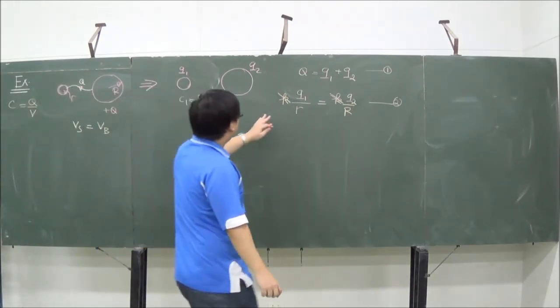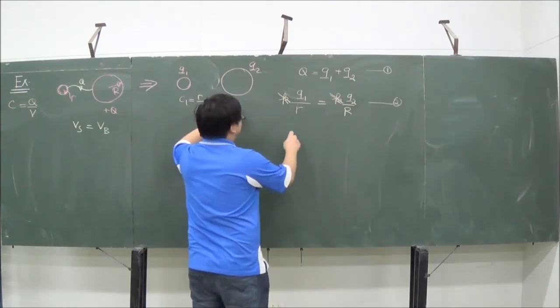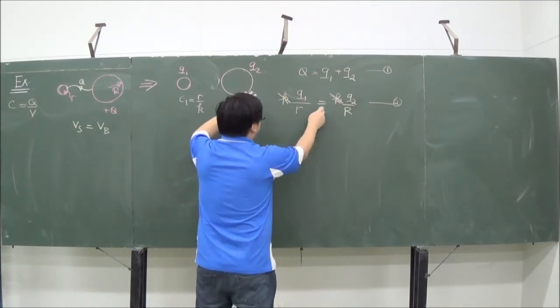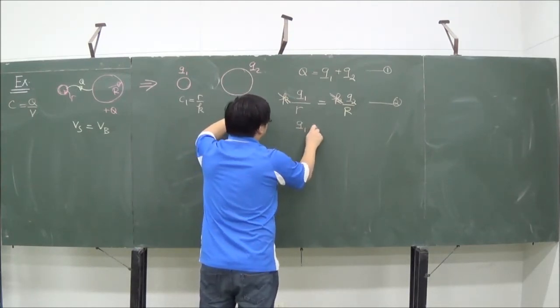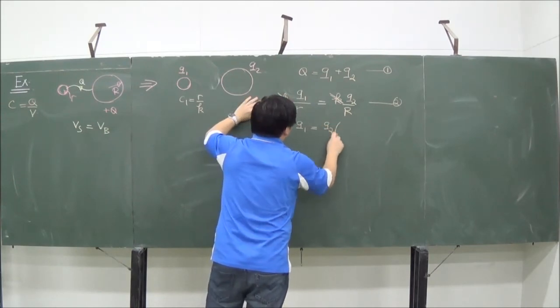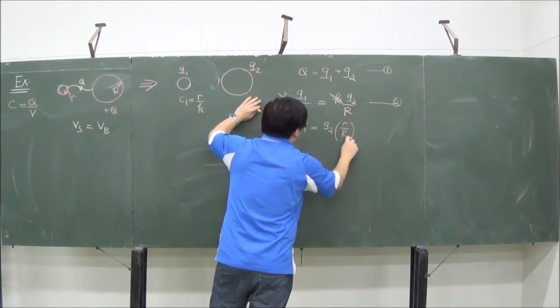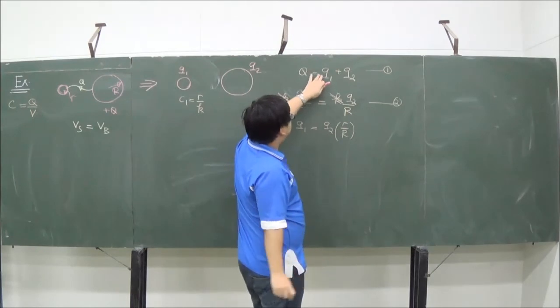So what we can show is that you can write Q1 equal to Q2 times small r over big R, and you put this in the first equation.